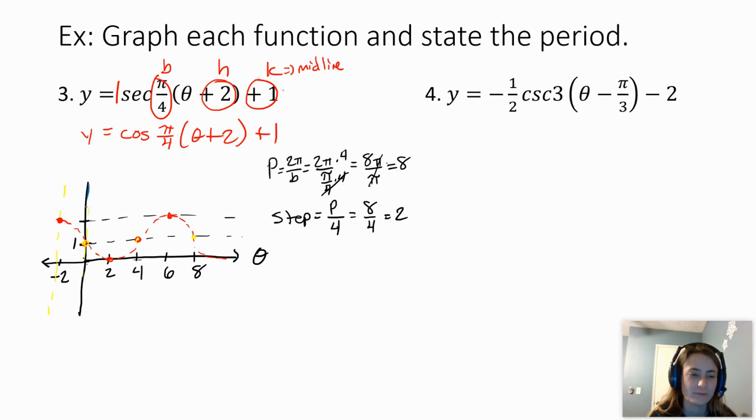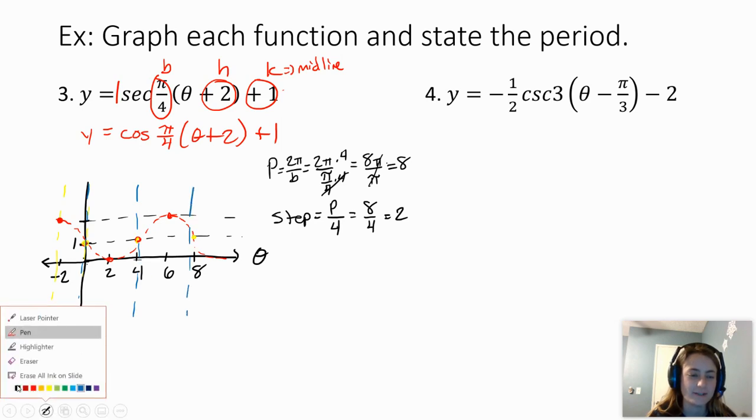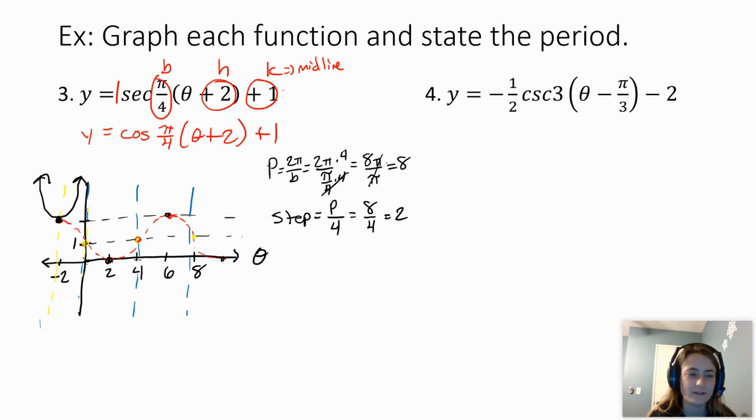Blue. These are the vertical asymptotes. And now we can sketch the secant graph. So they touch at the peaks and valleys and don't cross the vertical asymptotes. So there's our secant graph.